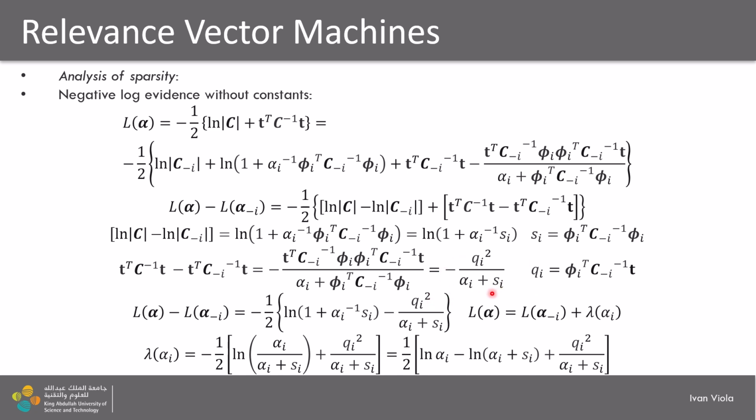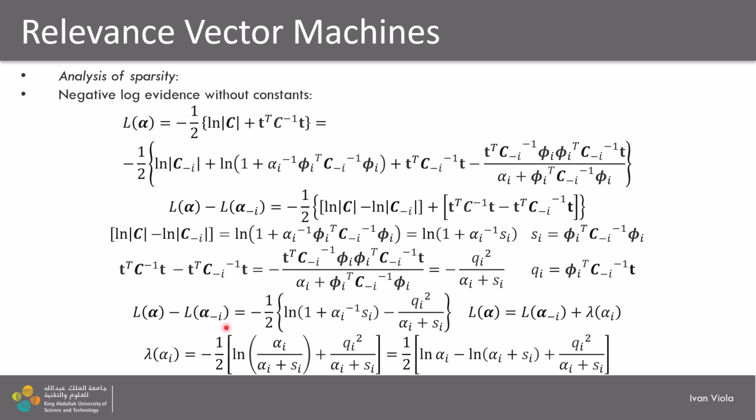So we have here a simplified formulation of this term, and we can see that now the difference between two Lagrangians, which are really the log of model evidence, and model evidence is somehow capturing the quality of the model in terms of complexity versus expressivity.